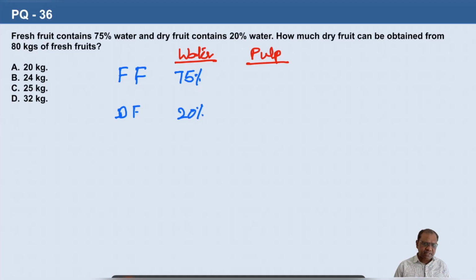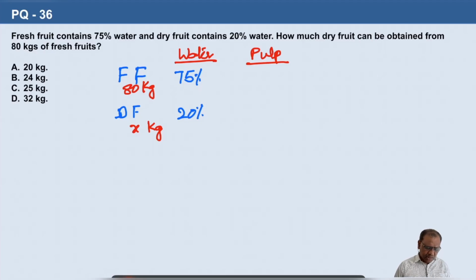Weight of the fresh fruit is given as 80 kg. Weight of the dry fruit we have to find out, x kg. So percentage of water is 75% in 80 kg.